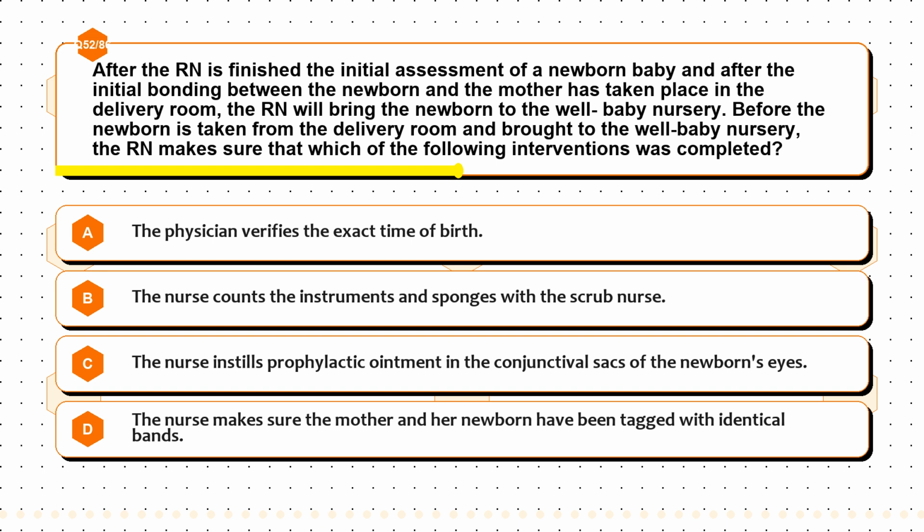Here are the options. Option A. The physician verifies the exact time of birth. Option B. The nurse counts the instruments and sponges with the scrub nurse. Option C. The nurse instills prophylactic ointment in the conjunctival sacs of the newborn's eyes. Option D. The nurse makes sure the mother and her newborn have been tagged with identical bands.